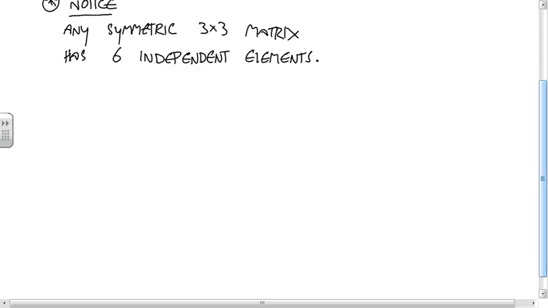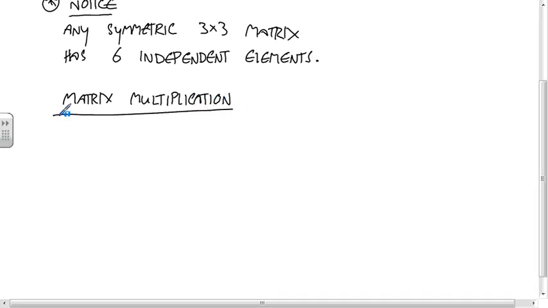All right, the next thing we have to talk about is matrix multiplication. You can think of matrix multiplication as a series of dot products of vectors.